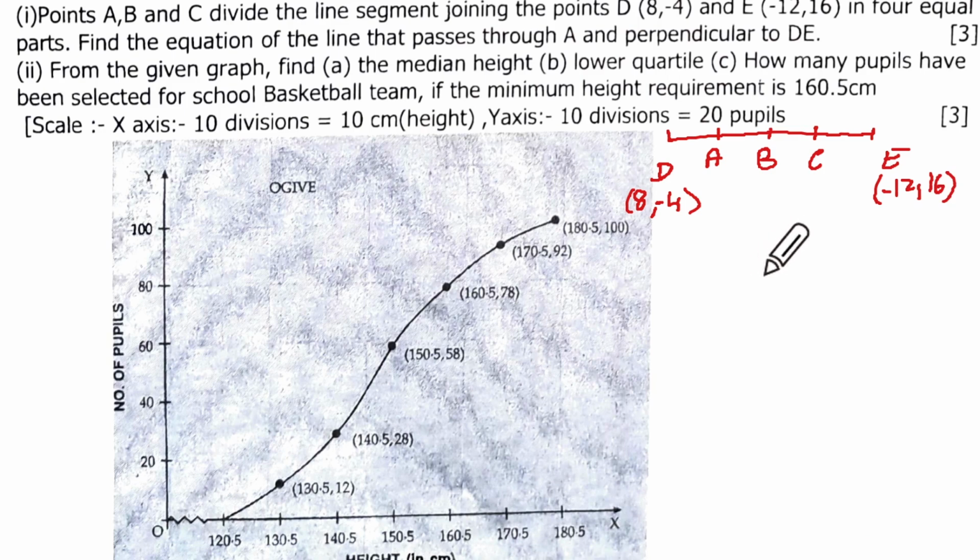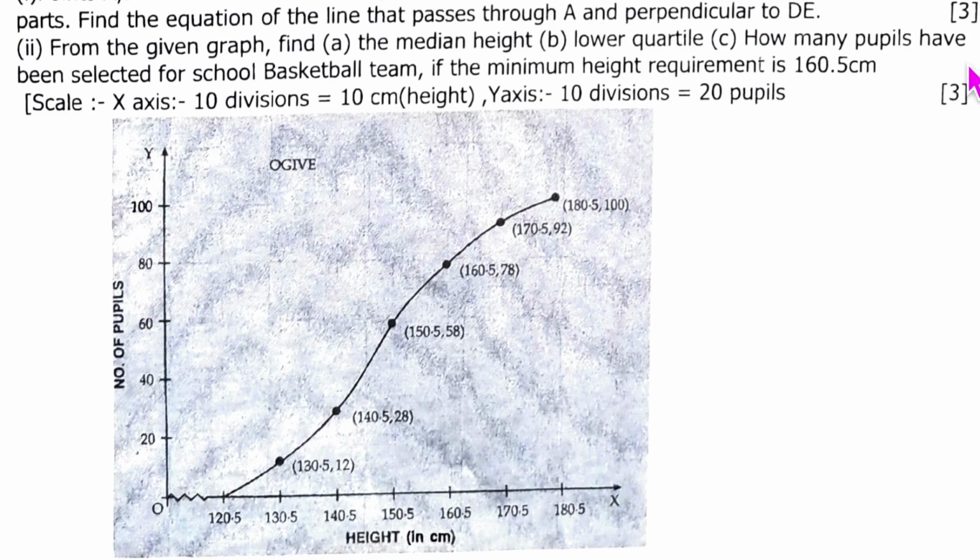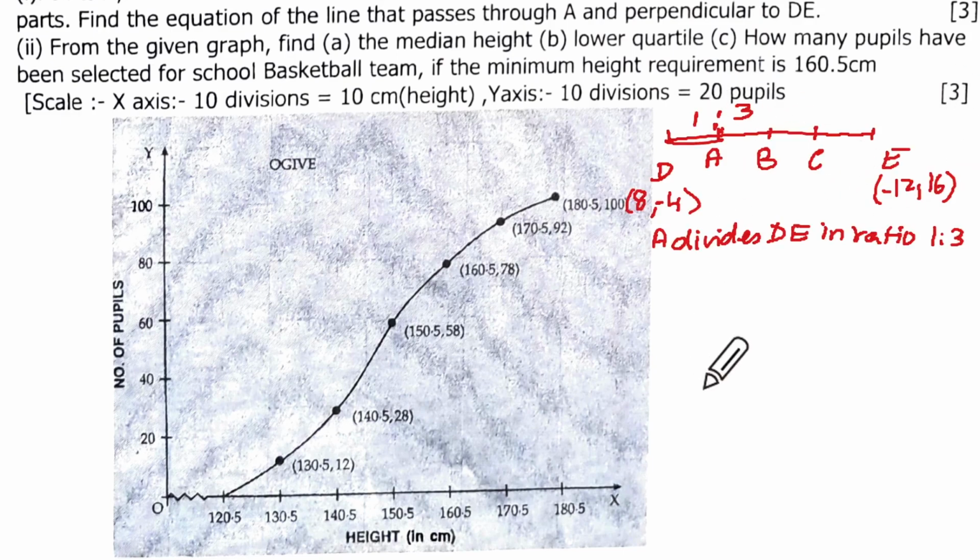Find the equation of the line passing through A. Passing through A, that means A divides, what will you write? Get the coordinates, no? A divides DE in the ratio 1 is to 3, correct? Understanding? Yeah, 1 is to 3.